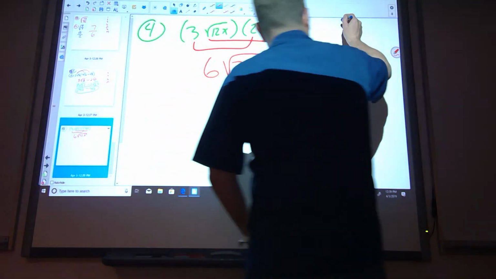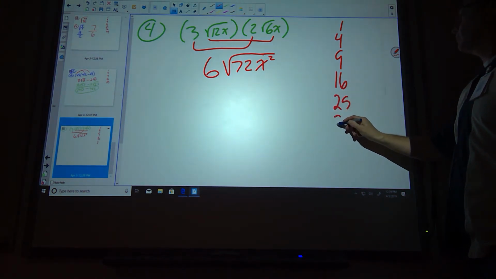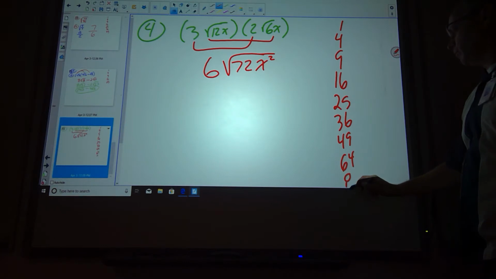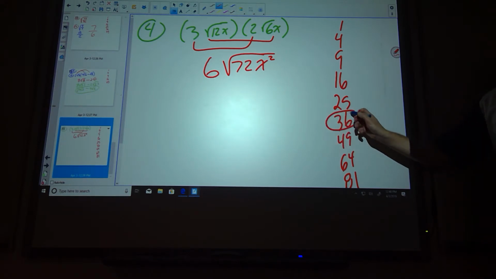Let's put my perfect squares up. Which one seems to work with the 72? 36? Yes. Good. 36 works.